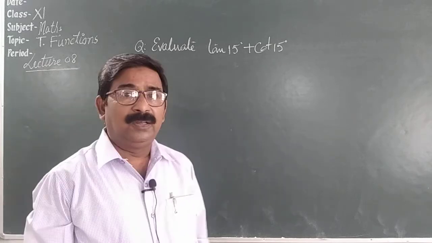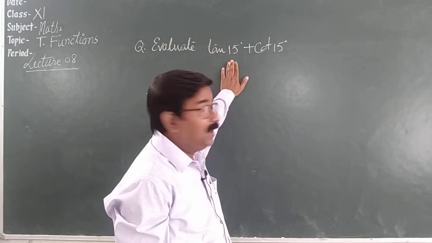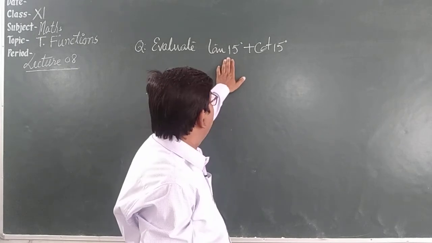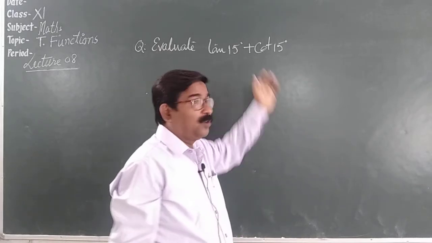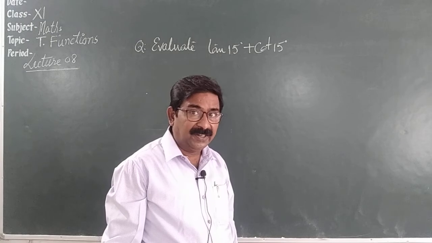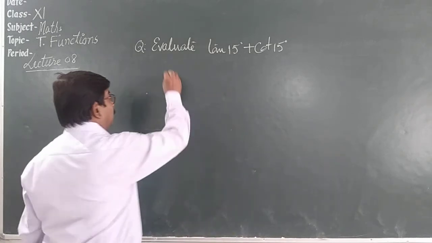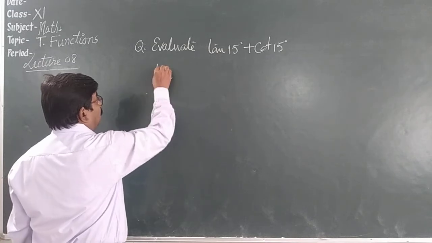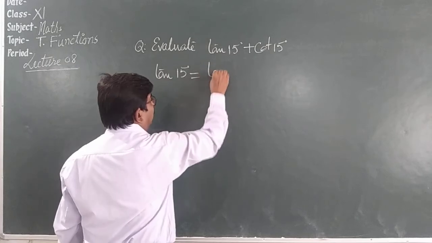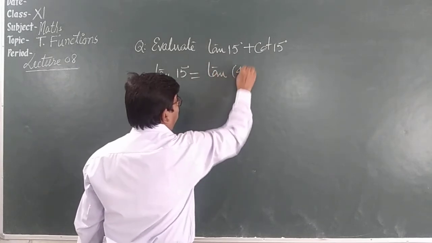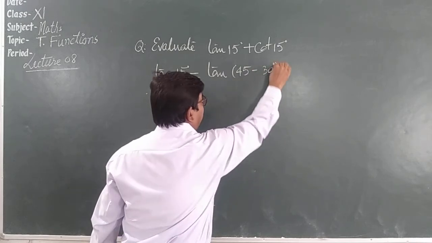Very simple. First we have to find the value of tan 15 degree, and whatever value comes for tan 15 degree, we take the reciprocal of that to get the value of cot 15 degree, and we can add the two values. So first I am going to find tan 15 degree. This can be tan (45 minus 30), which is 15 degree.